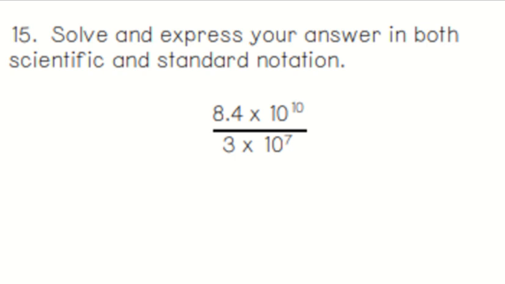Put it in scientific notation and standard notation. Let's just get an answer in scientific notation. All right, so we got some division. 8.4 times 10 to the 10th divided by 3 times 10 to the 7th. That's that one.